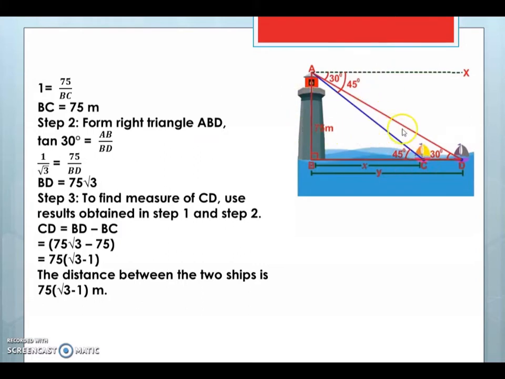Then in the next triangle, tan 30 is equal to AB upon BD. 1 by root 3 is equal to 75 upon BD. So from there BD is equal to 75 root 3. So now you have the value of BC and BD both. So the distance between the two ships, that is CD, is equal to 75 root 3 minus 75, that is 75 into root 3 minus 1.